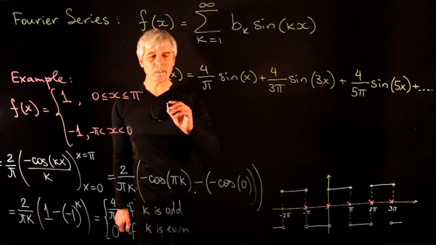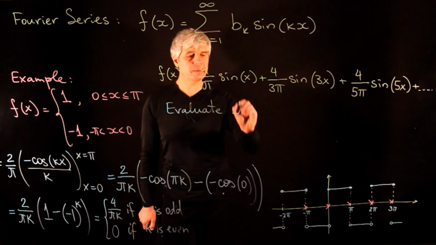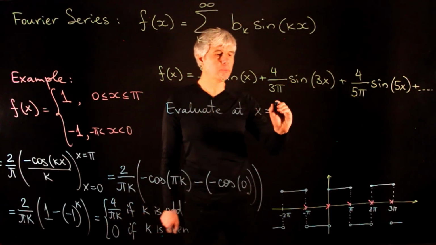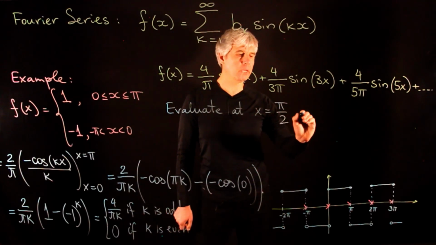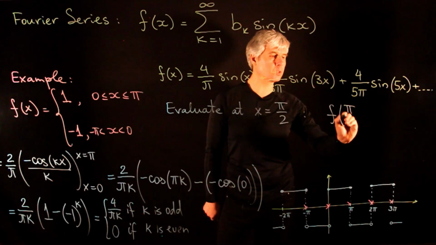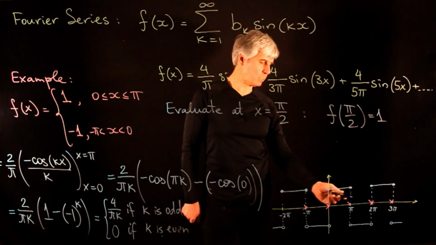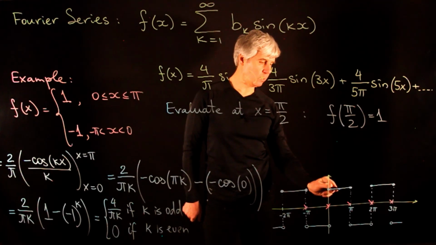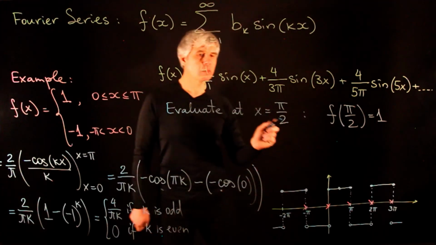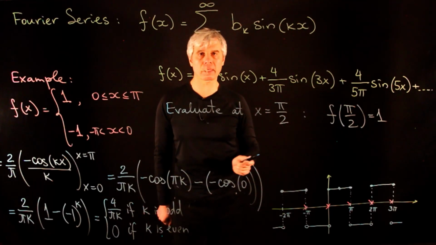Let us evaluate this series at x equals pi over 2. And we note that the value of the function at pi over 2 is equal to 1. And this is a point of continuity of this function. So this means the Fourier series will also converge to 1 by our theorem.